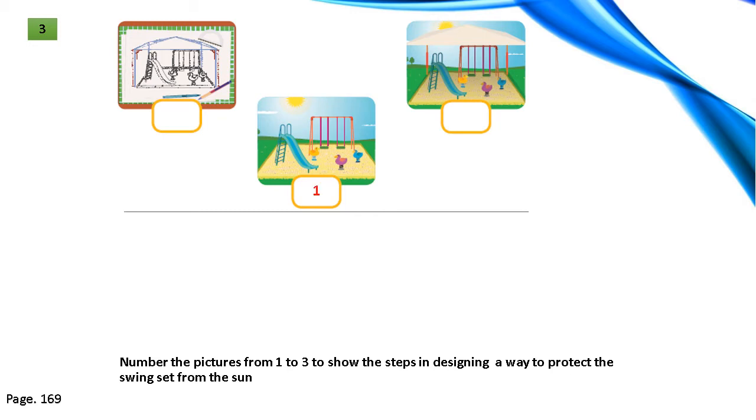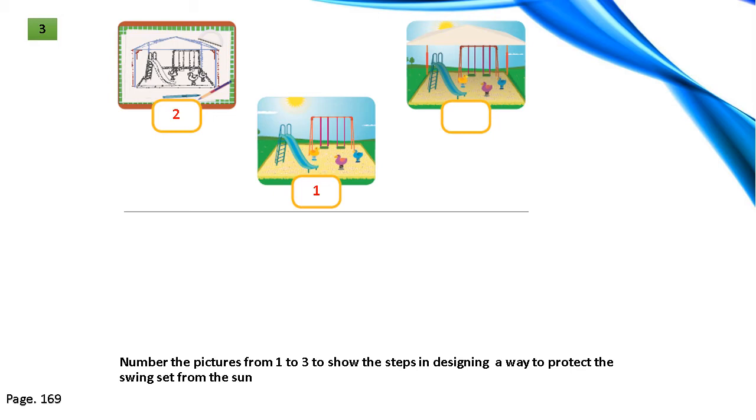Great job! Let's write number 1 under the picture in the bottom middle. In this picture, we can identify a problem where the swing set is placed directly under the sun and there is no protection from its light or heat.